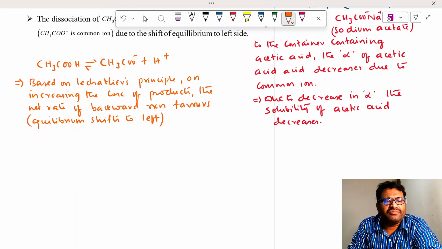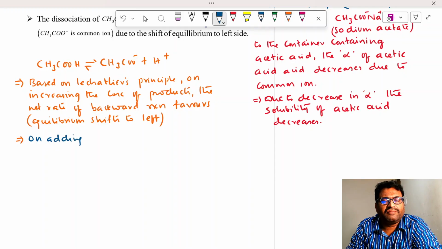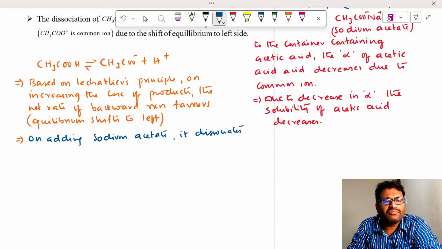Okay. Then what can I write? On adding sodium acetate, it dissociates into acetate ion and sodium ion.